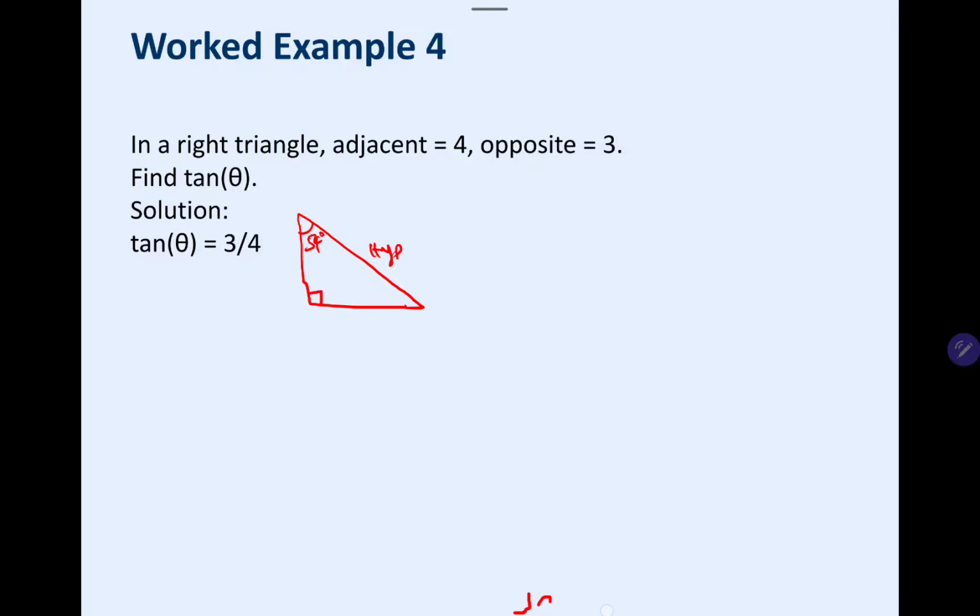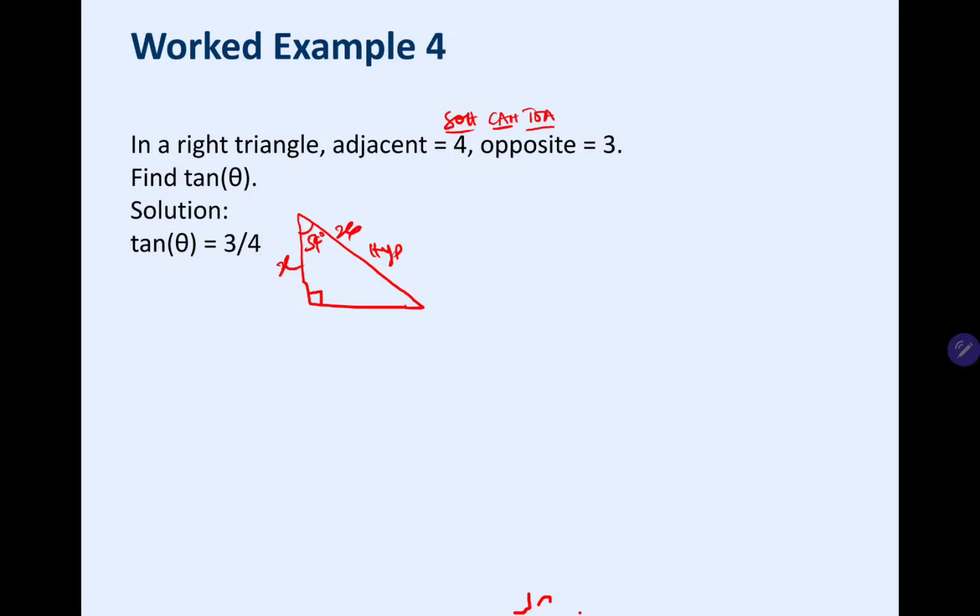Then we're told that the hypotenuse is 26, and we're told to find the value of x. What trig function do you think we can use? Remember our trig functions, SOHCAHTOA. You should always have this at the back of your palm. So what trig function do you think we can use for this?